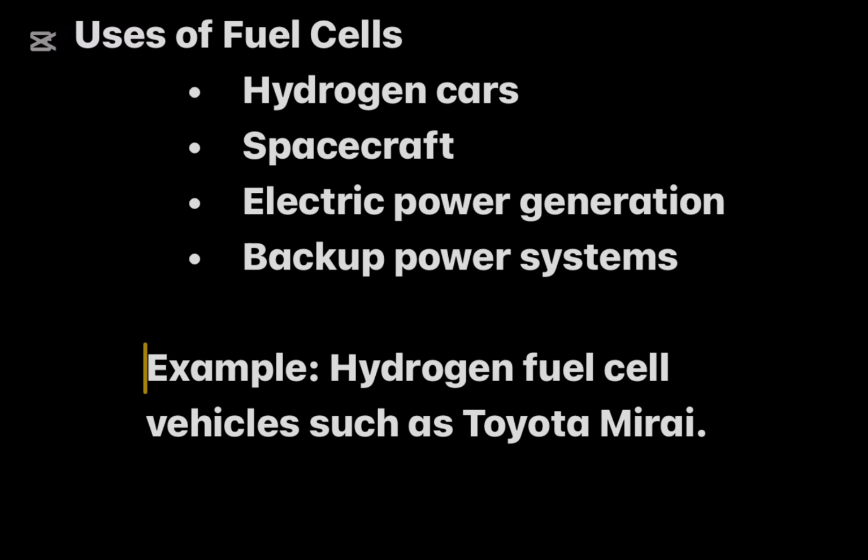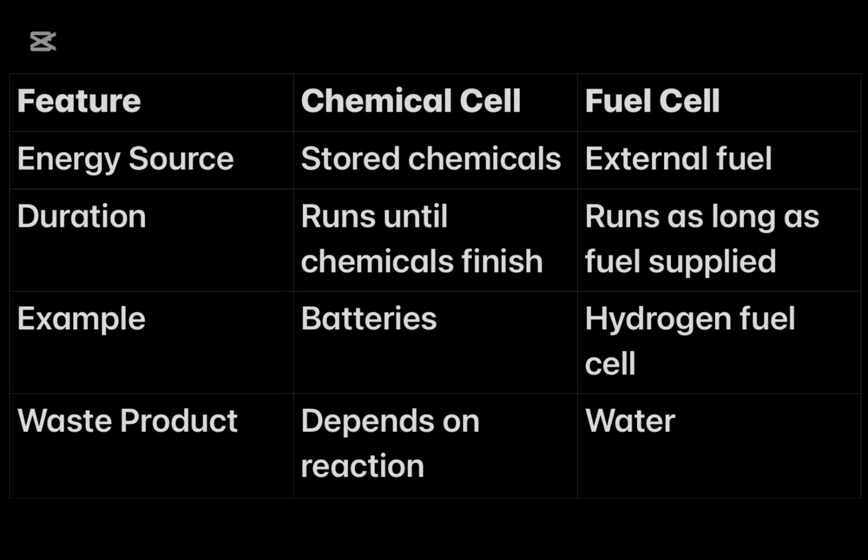Now let's compare the chemical cell to the fuel cell. For chemical cells and fuel cells, the comparison is first their energy source. Chemical cells store chemicals as the energy source. Fuel cells use external fuel.